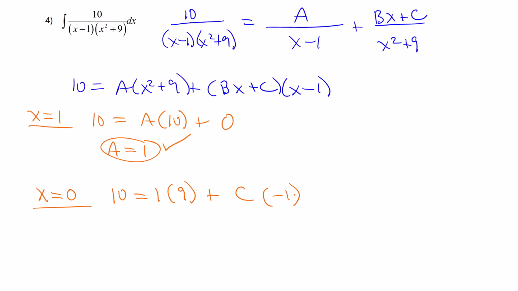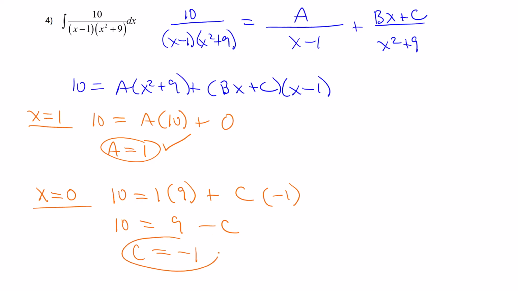So we should be able to solve for c here. 10 equals 9 minus c. If we add c to both sides and subtract 10 from both sides, we should end up with c equals negative 1.